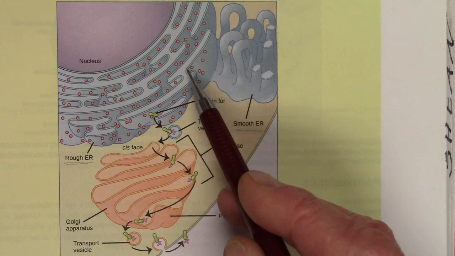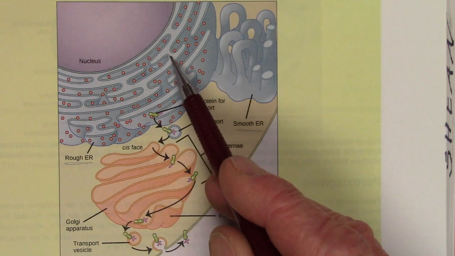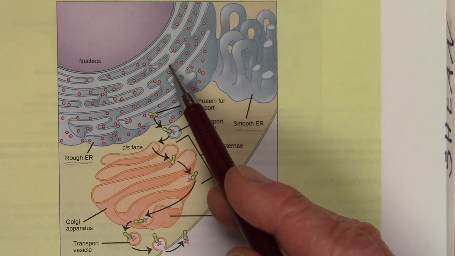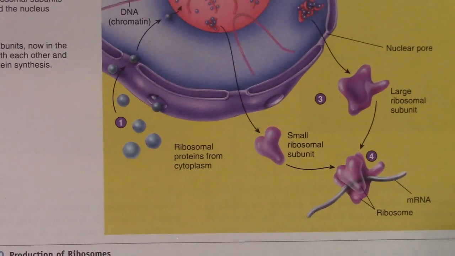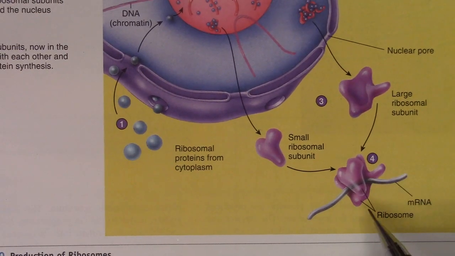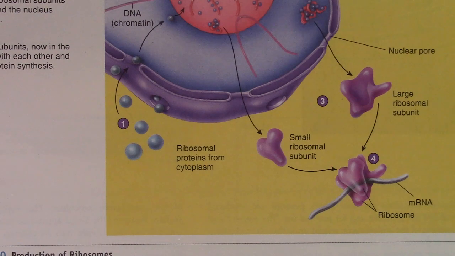But I just said that proteins for export are made in the ER. So this is kind of what happens to make a protein. And we will spend a lot of time on this later in the course. But for right now, just try to follow along. Don't worry about all these details because you're not responsible for this whole story now. But I think it helps to tie it together.